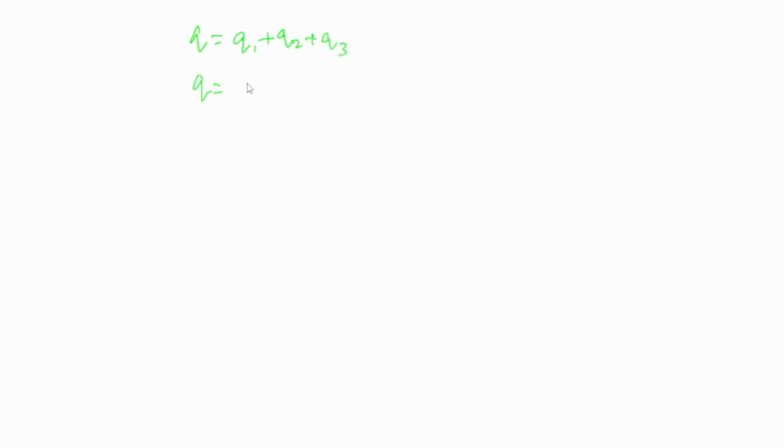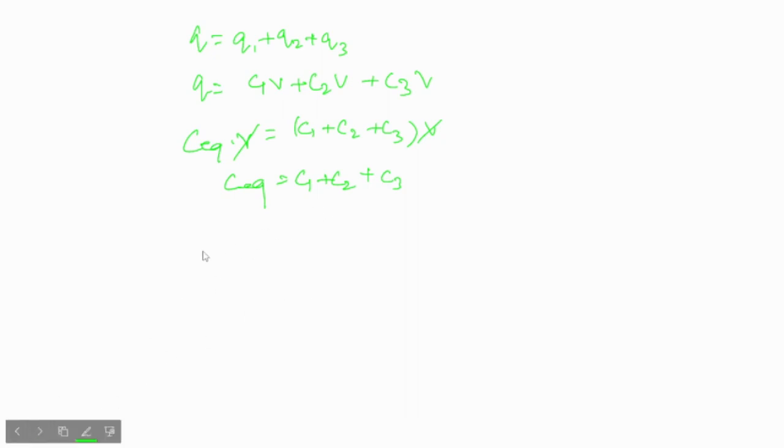So Q equals C1V plus C2V plus C3V, and Q can be written as C equivalent into V. So C equivalent times V equals C1 plus C2 plus C3 multiplied by V. V cancels out and you get C equivalent equal to C1 plus C2 plus C3. This is opposite to what we get for resistors, where 1 by R equivalent equals 1 by R1 plus 1 by R2 plus 1 by R3. But for capacitors connected in parallel, we get this.